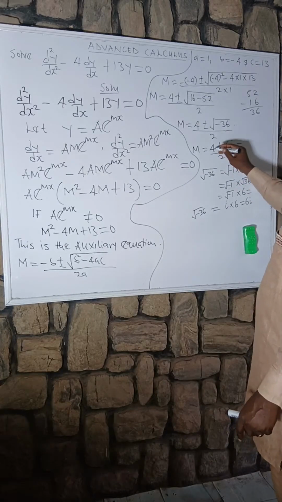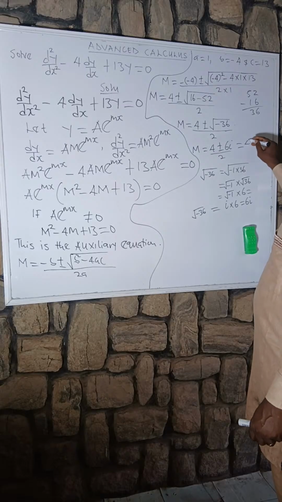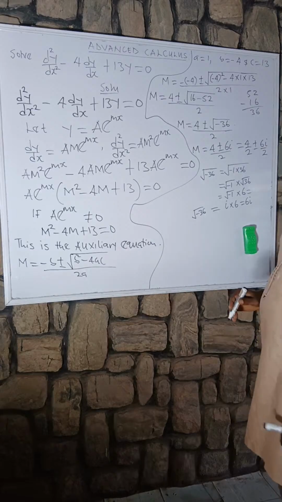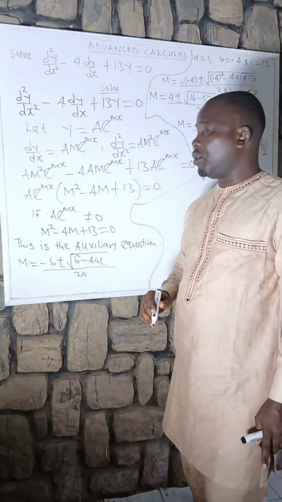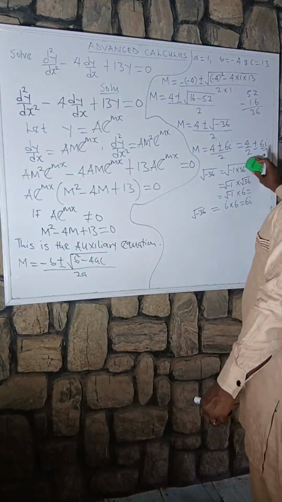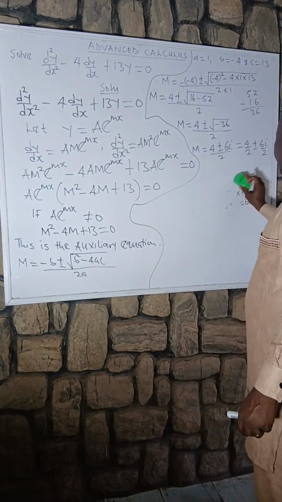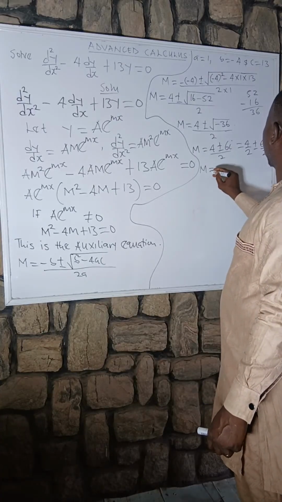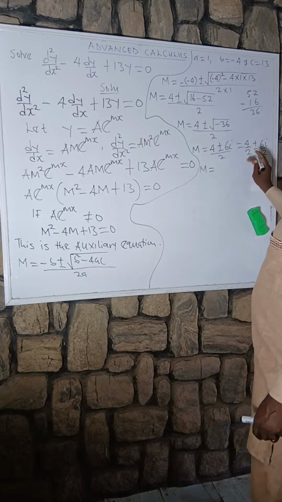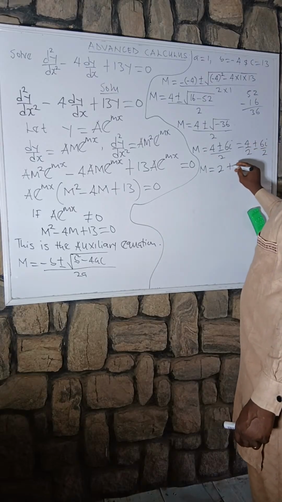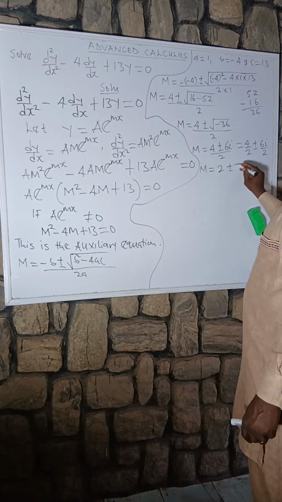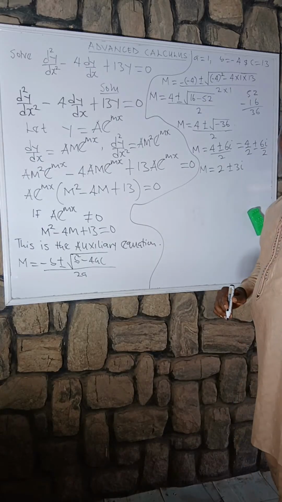So this is equal to 4 over 2 plus or minus 6i all over 2. Do you agree with me? I hope you are following. So this implies that our m will now be equal to 4 divided by 2 is 2, then plus or minus 6 divided by 2, 3i. Can you see now?